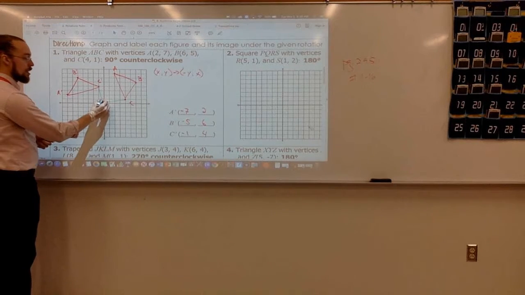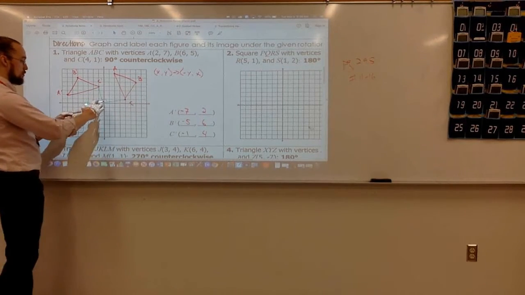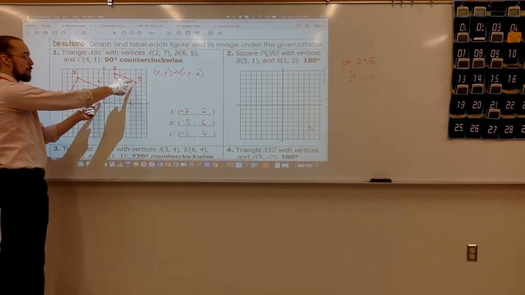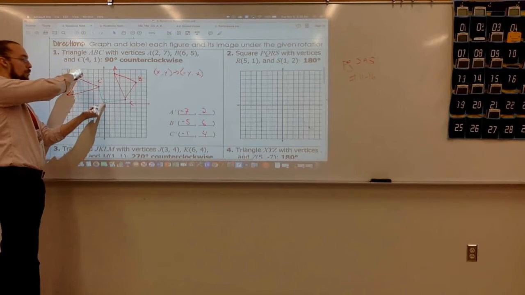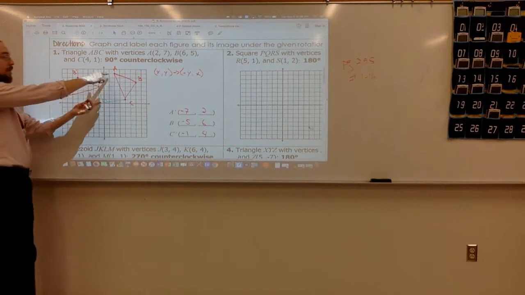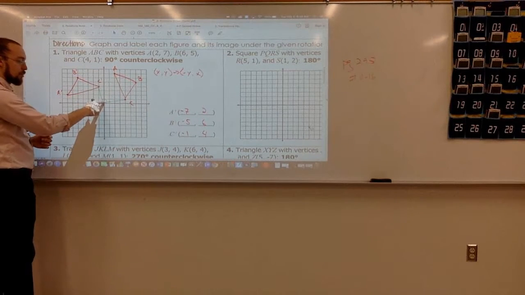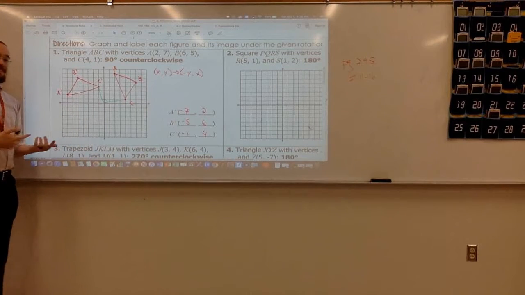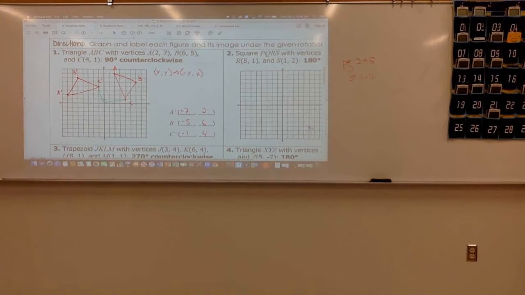If I were to connect B and B prime, that same thing would happen. I would end up with a perfect 90-degree angle of a segment that's the same length. Same thing for A. If I draw a line from A to the origin, take that line and rotate it 90 degrees, that's exactly where A prime will end up.